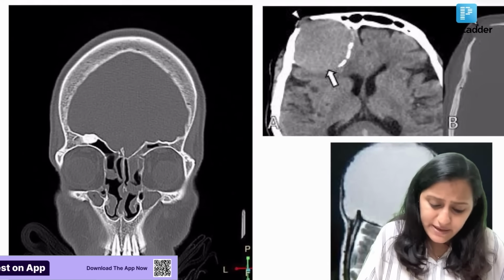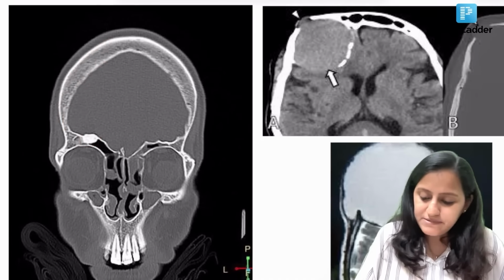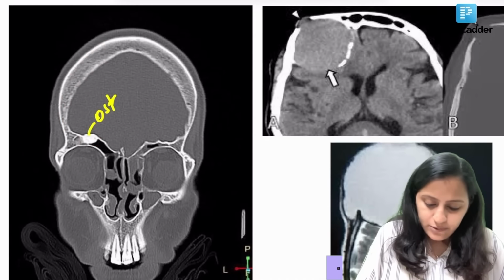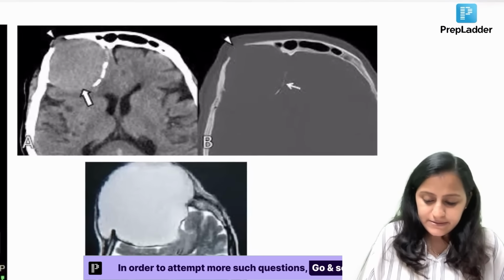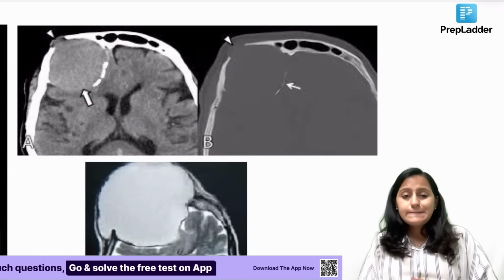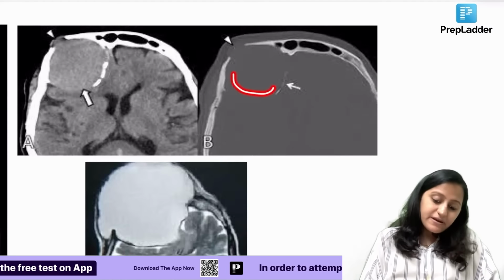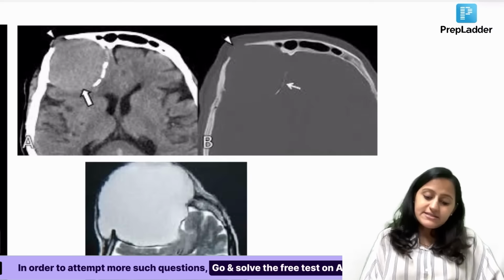So look at this one. This is the CT. This is the white area representing that osteoma. What is this one here? Is this osteoma? Is this appearing dense white? No, this is not osteoma. What is this?